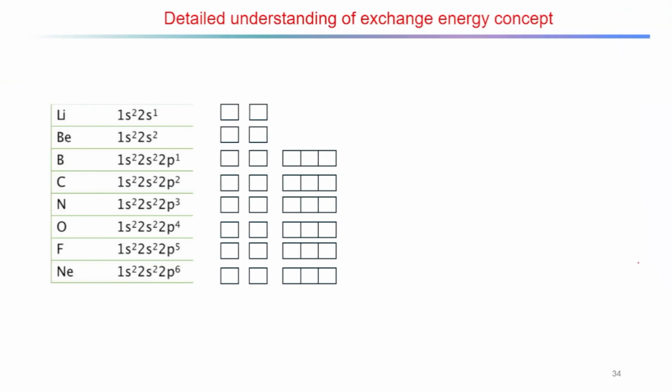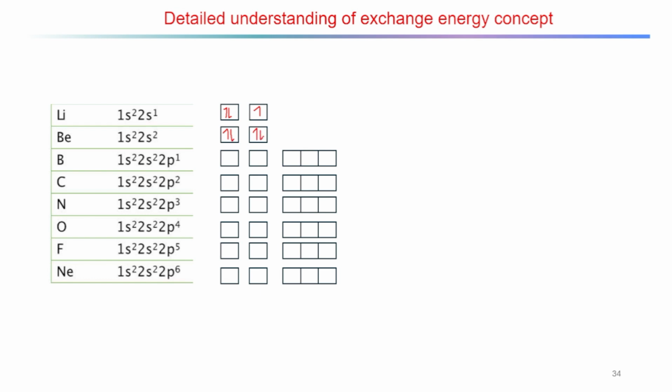So now we are going to understand the concept of exchange energy. In case of lithium, we have 1s2 and 2s1, only one electron. In case of beryllium, we have 1s2, 2s2.